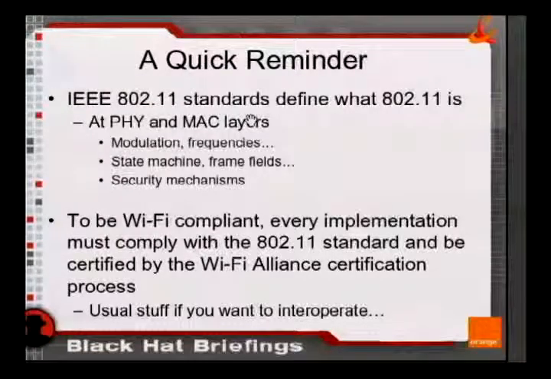So if we look at the 802.11 standards, there are physical and MAC layers. Of course, to be Wi-Fi compliant, you must comply with the 802.11 standards and follow all the requirements.